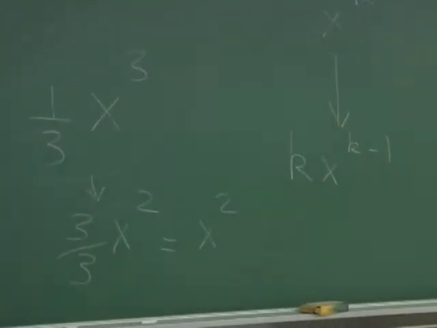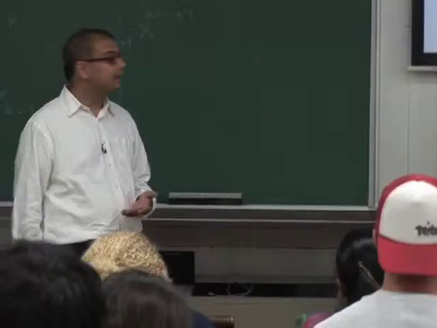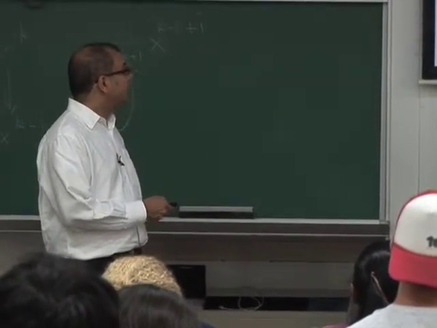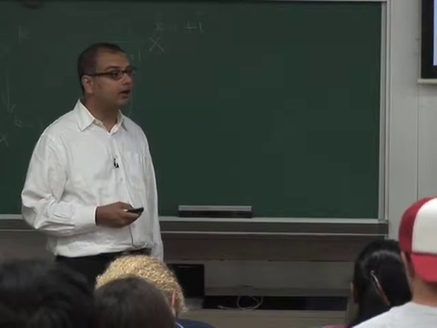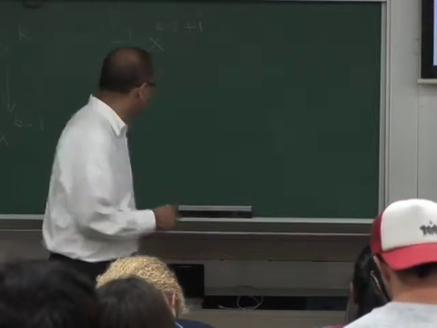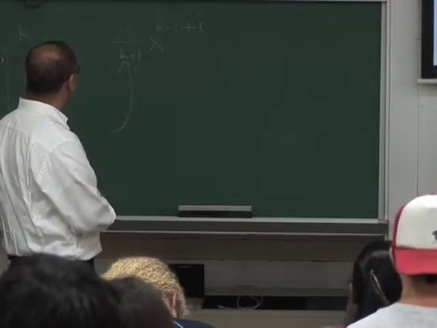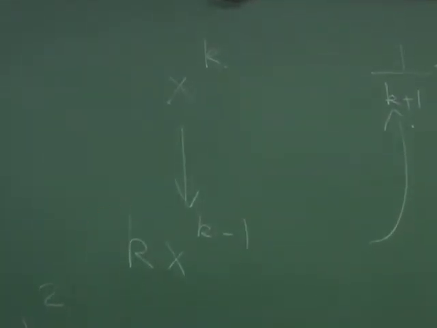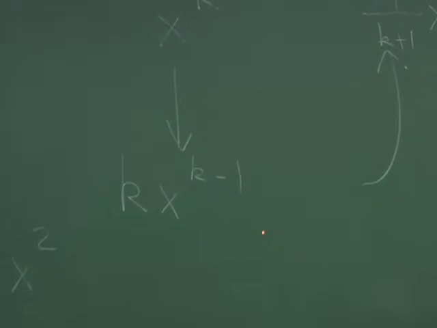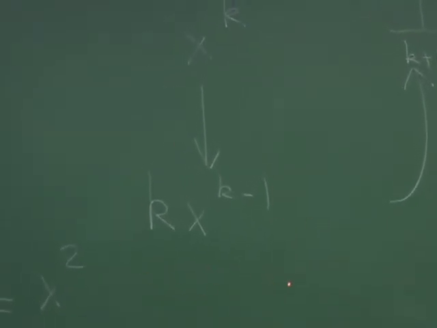Now, the slight complication is that when I take a derivative, if there happened to have been a constant in the original equation, if this was x to the k plus 2 or x to the k plus 6, I would still end up with k x to the k minus 1. So all of those would give me this derivative.